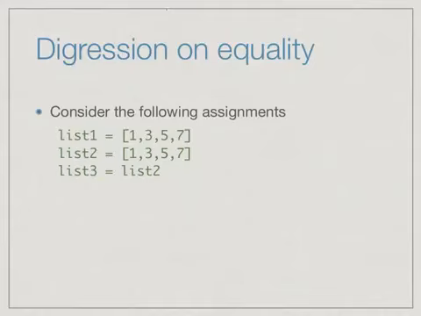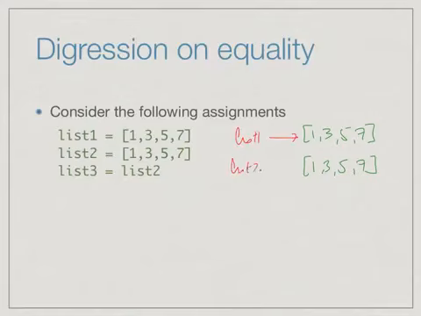So we have now, pictorially, two lists of the form 1357 stored somewhere, right? And initially list1 points to this and list2 points to this, and the last assignment says that list3 also points to this.